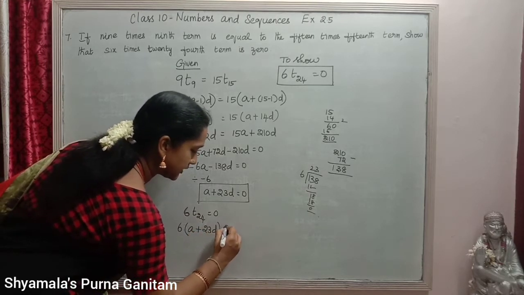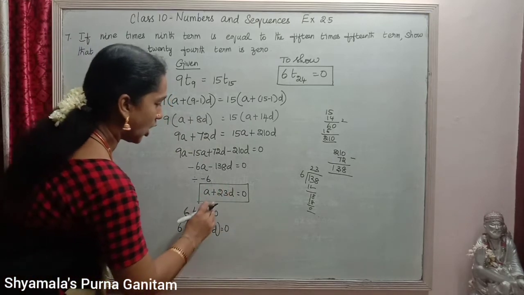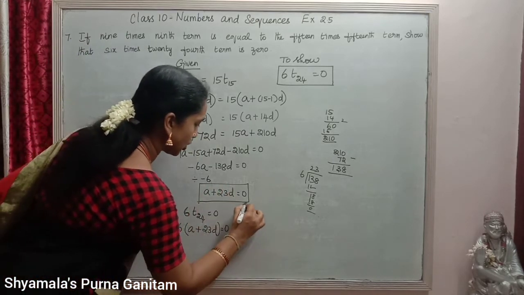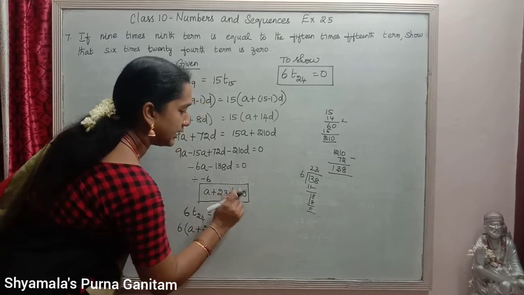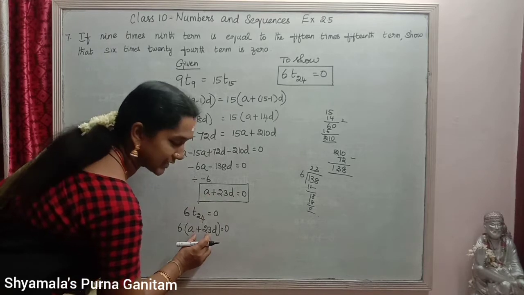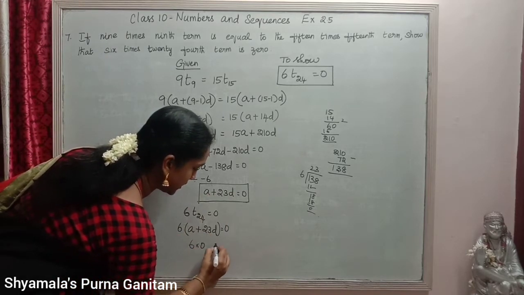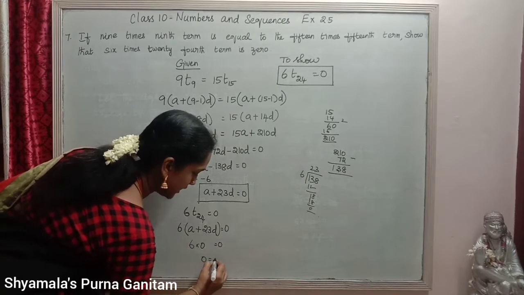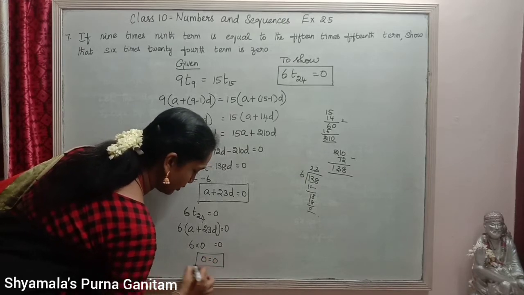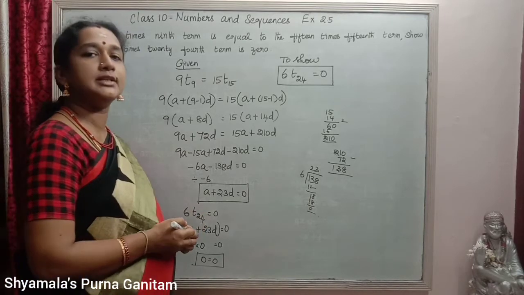So we are asked to show that this is equal to 0. Already we have shown that A plus 23D is equal to 0. If we substitute it here, we get 6 into 0 is equal to 0. So we got that 6 times T24 is equal to 0.